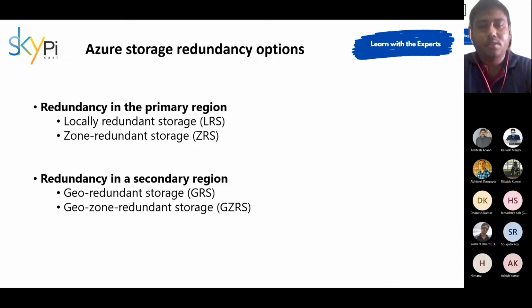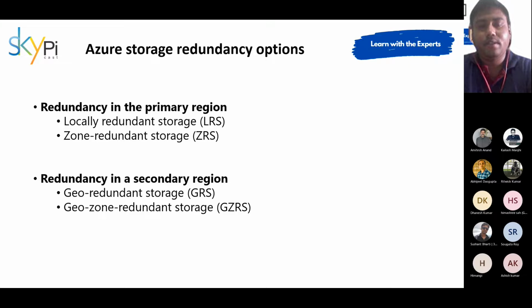In geo redundant storage, we synchronously copy our data 3 times in the primary region of our selection. Then we asynchronously copy it into a secondary region of our selection, which is specified when we make our storage account.